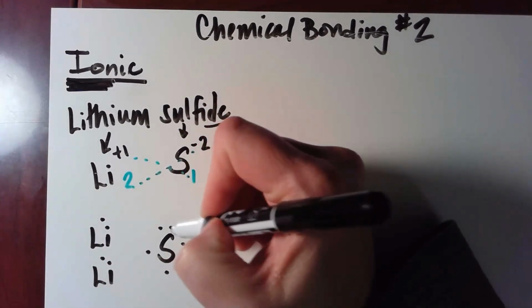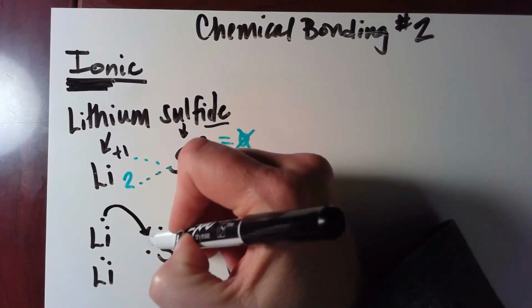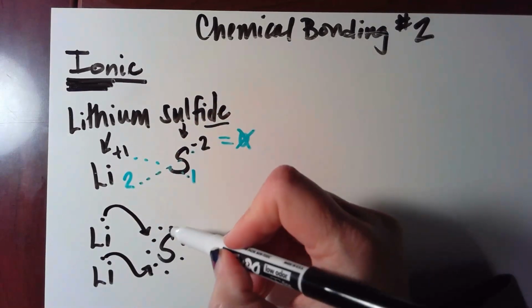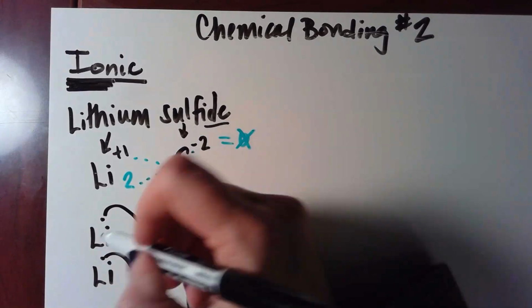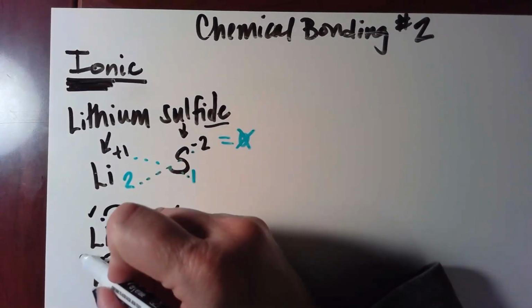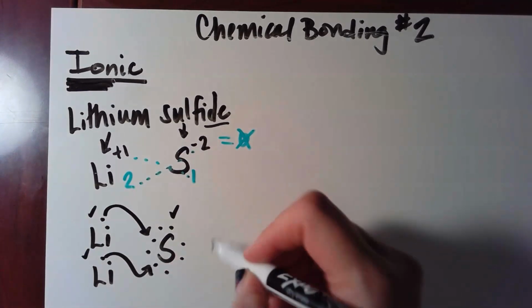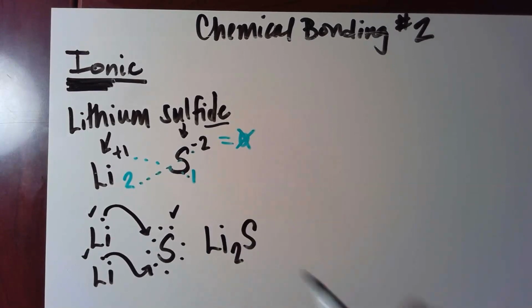For sulfur, 1, 2, 3, 4, 5, 6, it needs 2 more: 7, 8. So 1, 2, 3, 4, 5, 6, 7, 8. Sulfur is content. Each lithium gives 1 away, so they are good. That is why our formula in the end really is Li2S.